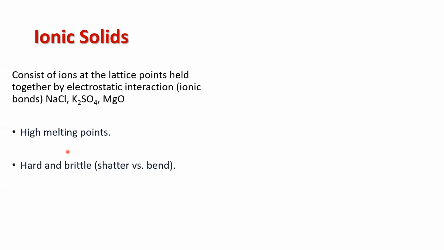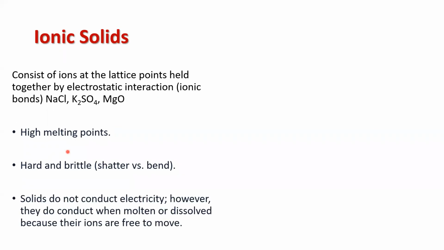They're hard and brittle, and they can't conduct an electric current in their solid state. But if we were to melt them, make them molten, or dissolve them in water to loosen up those ions, then they would be able to conduct an electric current.